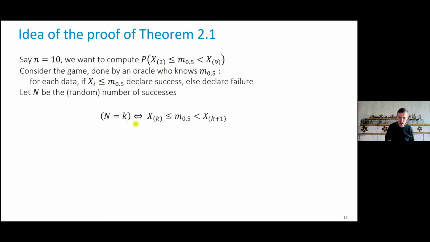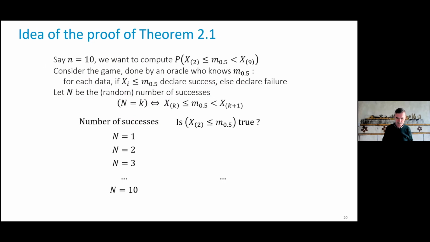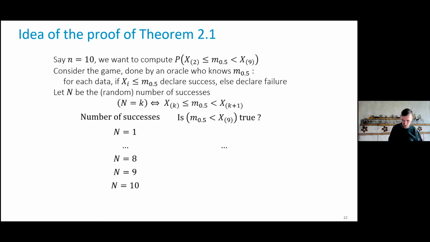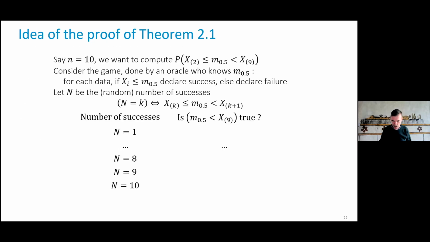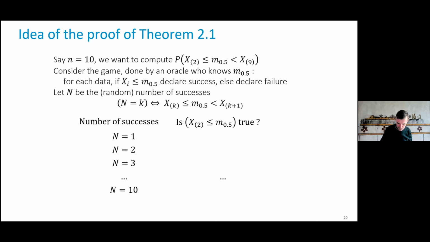Now let N be the random number of successes that I have when I see n equal 10 points. Then we can easily see that if the number of successes is 1, this means that out of the 10 points that I have, only 1 is less than M0.5.